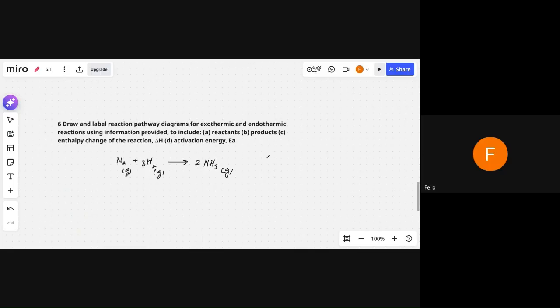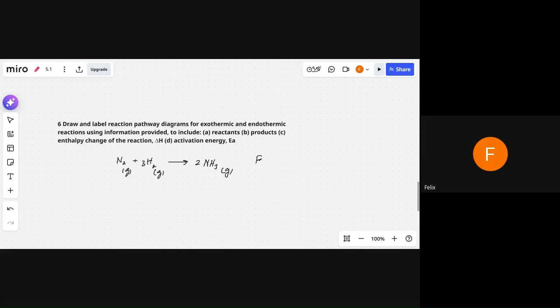Now the equation is balanced. Okay, so now you have to draw the energy profile diagram. So how will you figure out whether the reaction is exothermic or endothermic? They may tell you in the question that the reaction is exothermic.